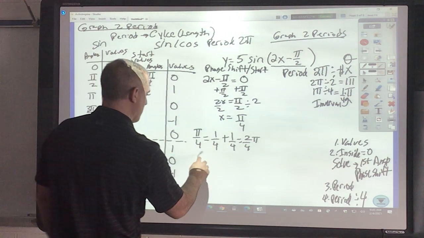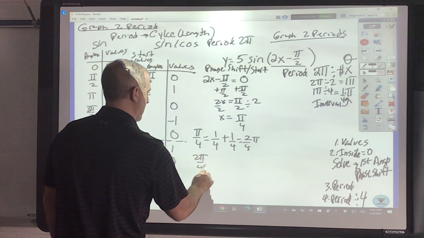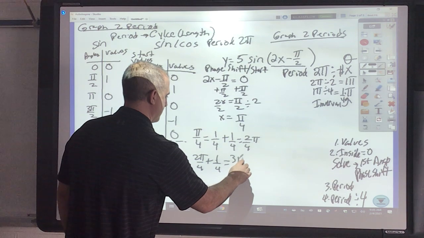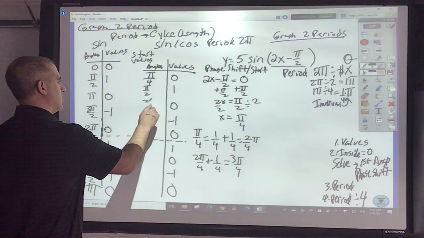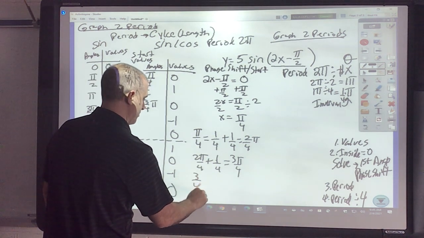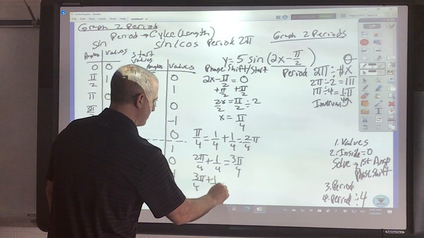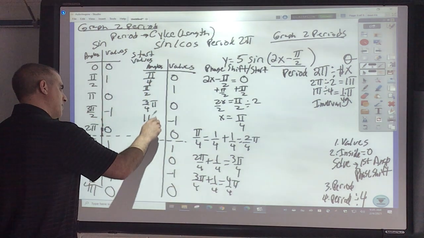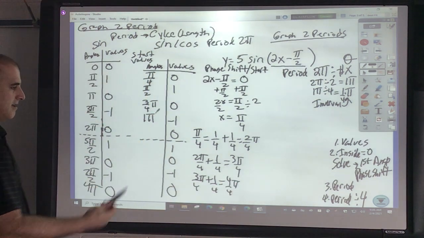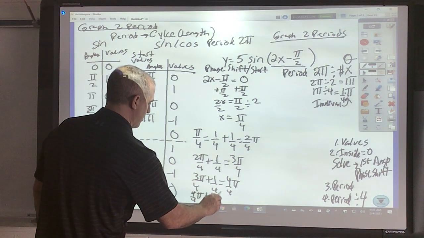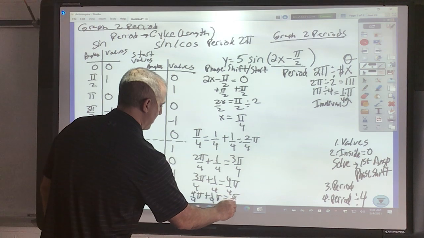Then I take 2/4 pi and add the 1/4. What's that going to be? 3/4 pi. Then 3/4 plus 1/4 gives me 4/4 pi, which is 1 pi. Then 4/4 pi plus 1/4 gives me 5/4 pi.